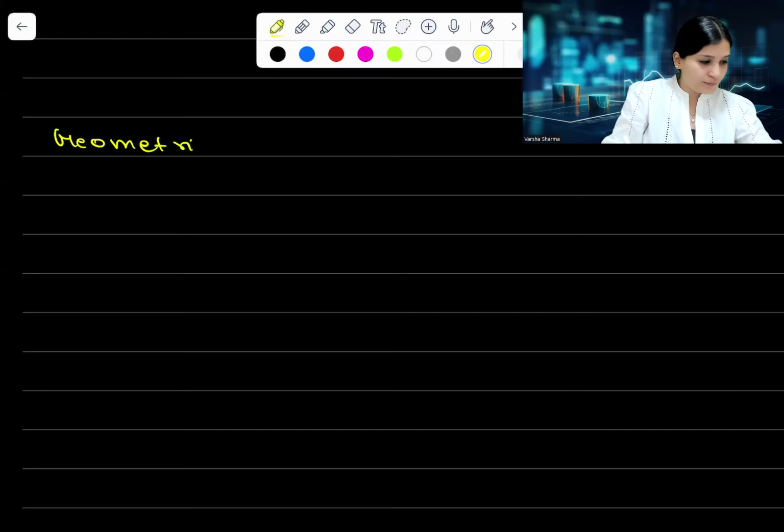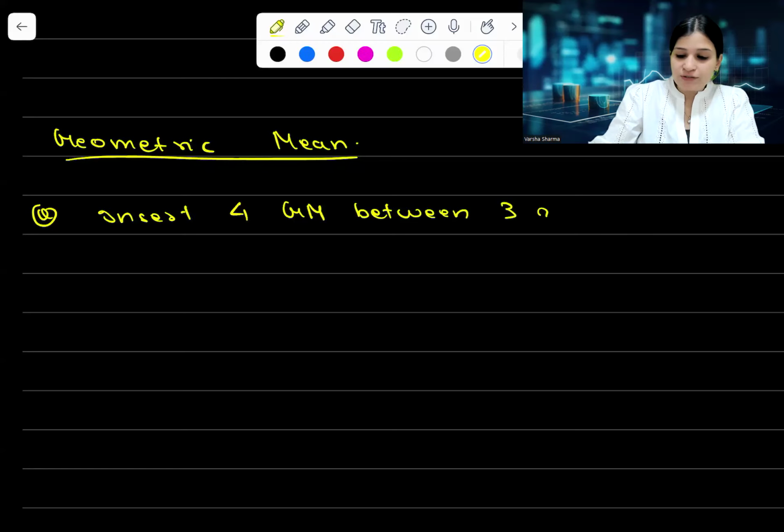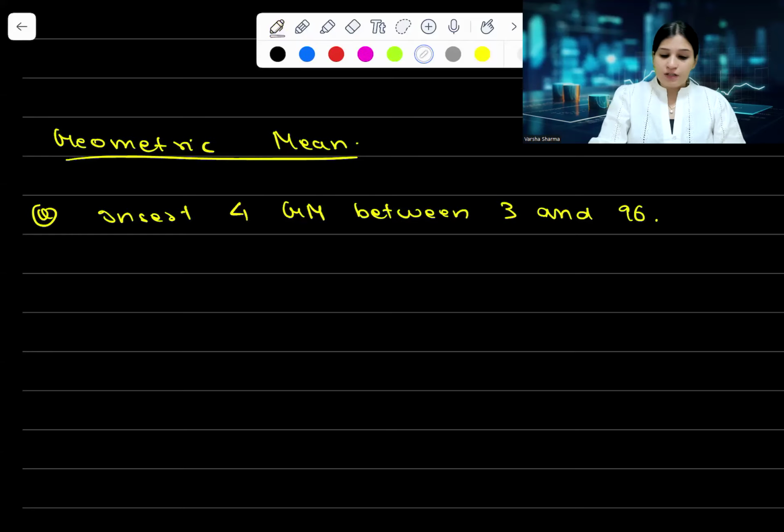Suppose the question is: insert 4 geometric means between 3 and 96. That means between 3 and 96, we are putting three numbers and the resulting sequence that we get should be a GP. So using that, find A and R first.